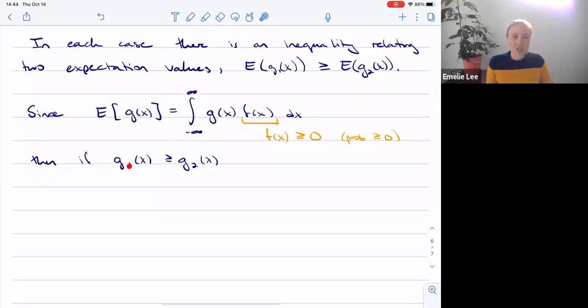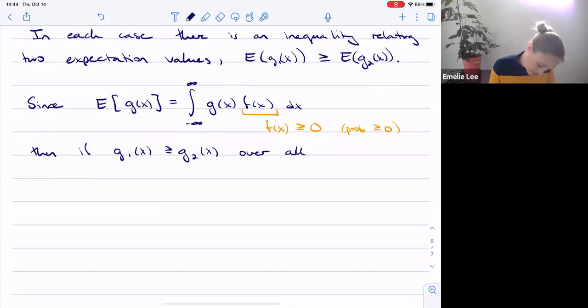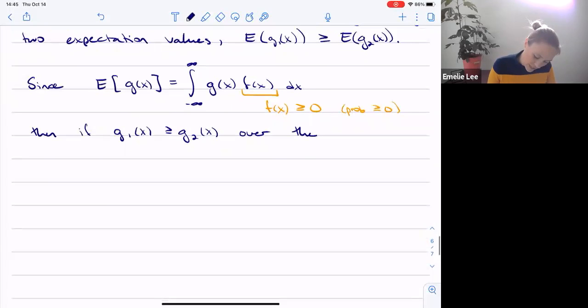So this just means that G1 of X is above G2 of X over the range of X values.